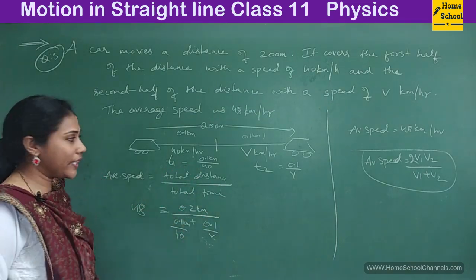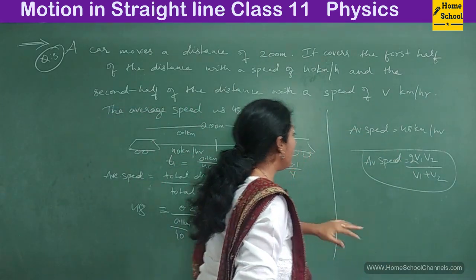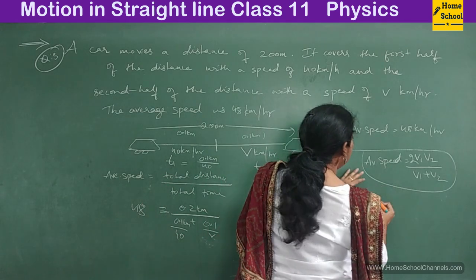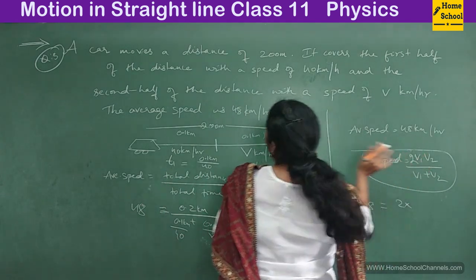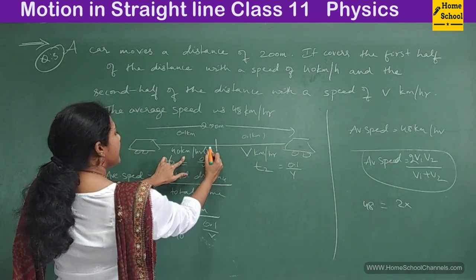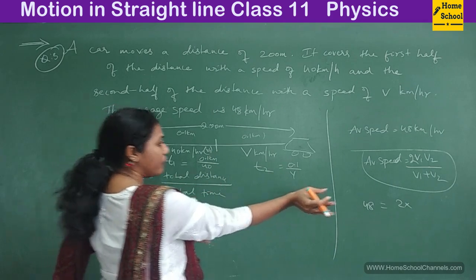But you see, if I apply the shortcut formula, the average speed is 48, right? 2 into, consider this speed as V1 and this speed V2 we don't know, V2 we have to calculate.